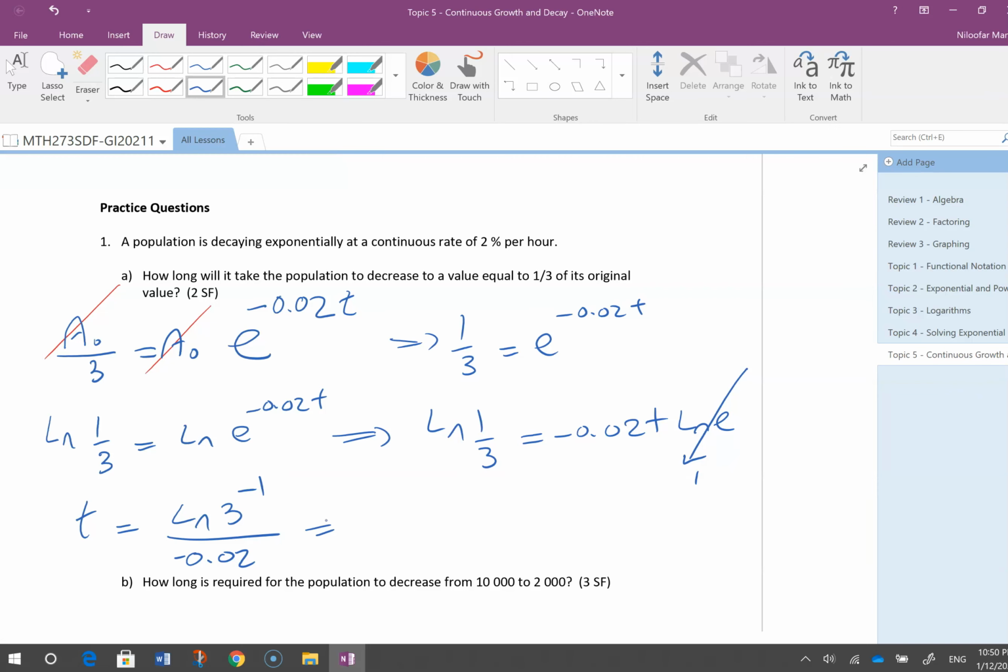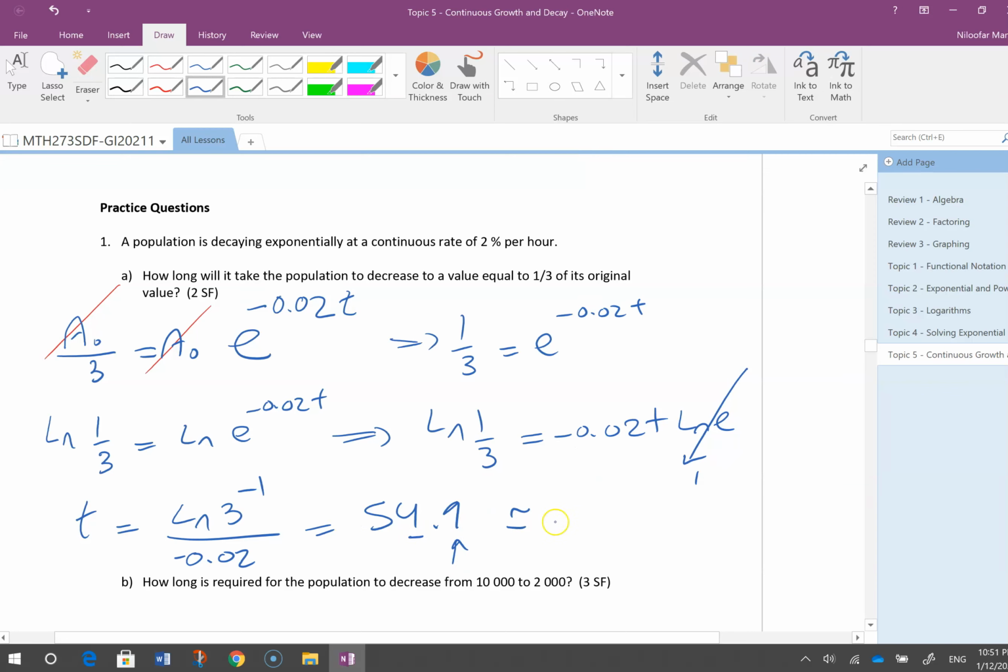So ln 1 over 3 divided by minus 0.02 is 54.93. I underline that and check that it is almost 54.9 hours. It says 2 significant digits.